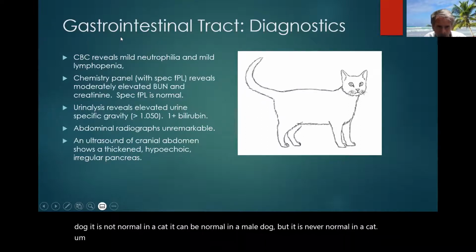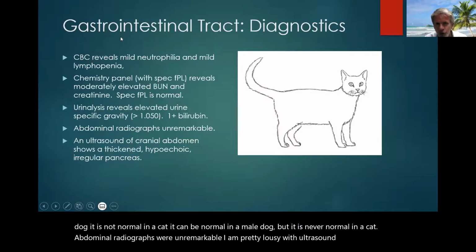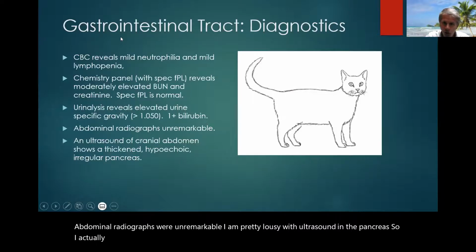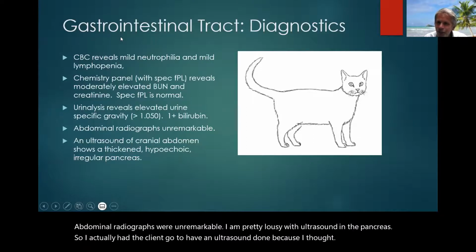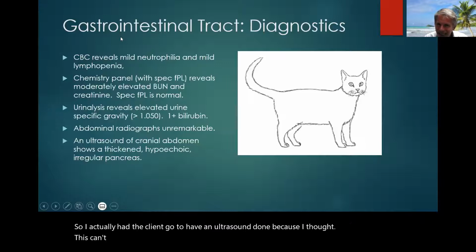Abdominal radiographs were unremarkable. I am pretty lousy with ultrasounding the pancreas, so I had the client go have an ultrasound done because I thought this cat really seemed like it had pancreatitis. The SPEC FPL test is great, but it's not perfect.